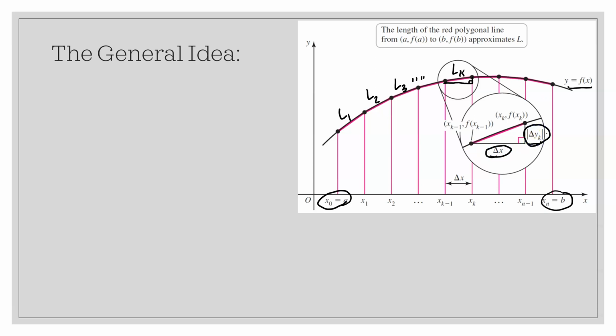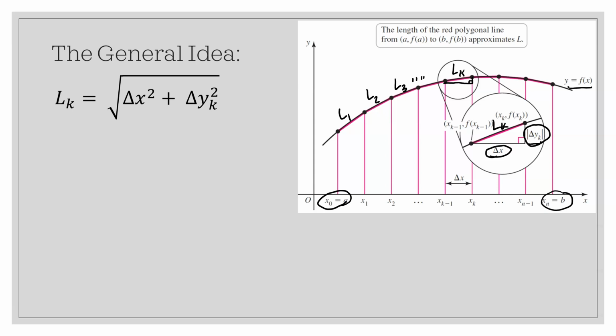Pythagoras says that leg squared plus the other leg squared equals the hypotenuse squared. So the length L sub k that we are looking for is the square root of delta x squared plus delta y squared, which is what the Pythagorean theorem gives us.